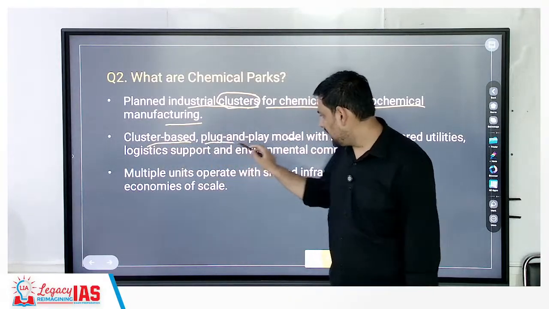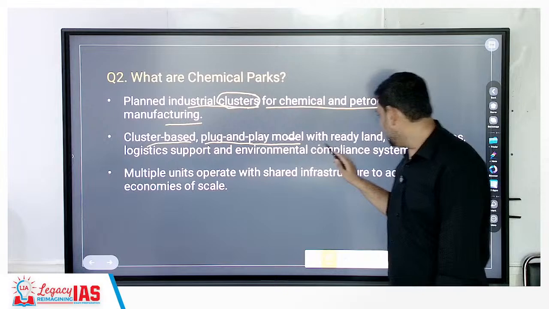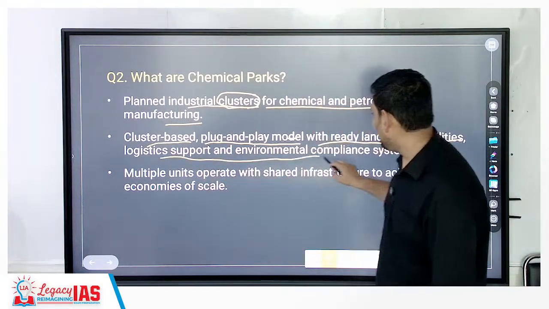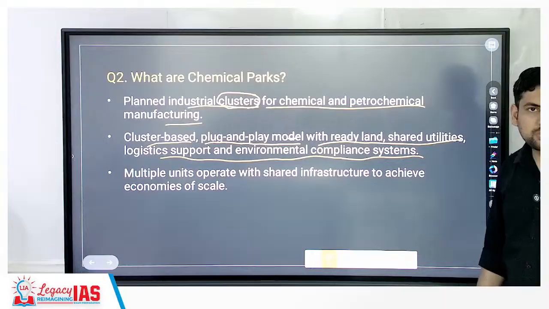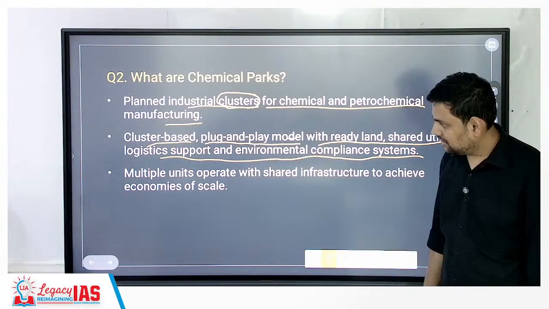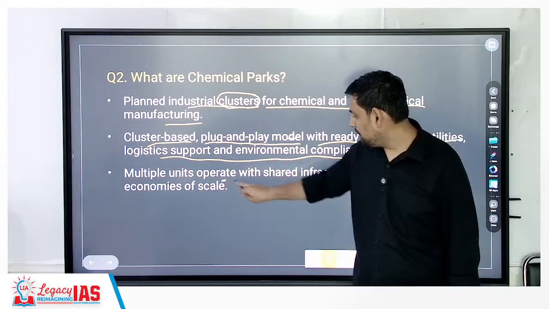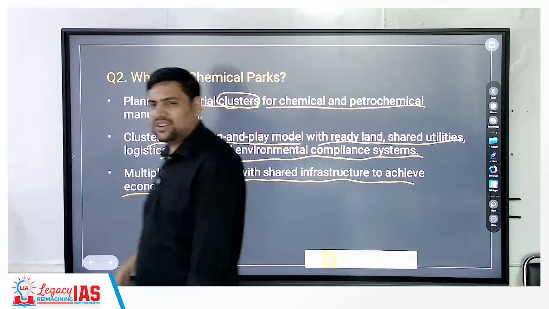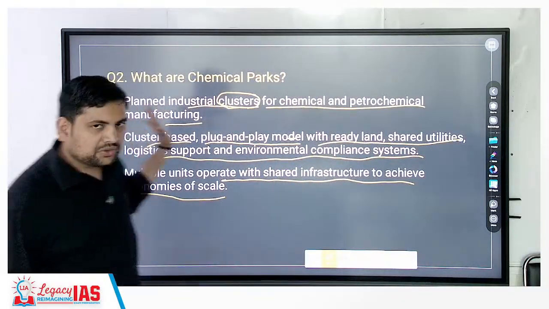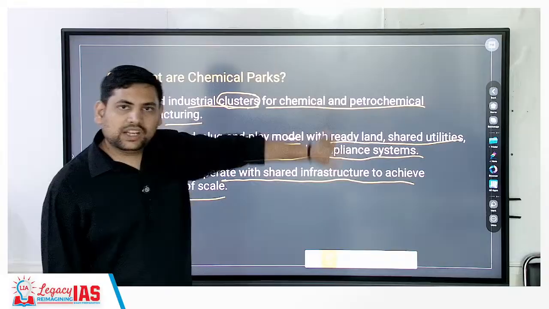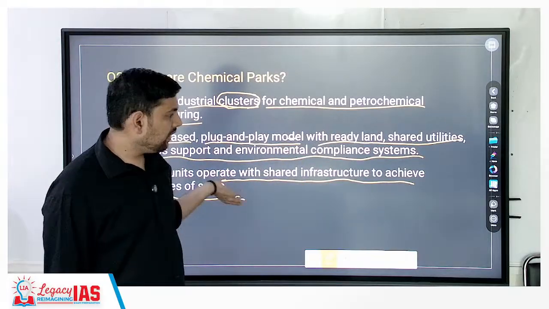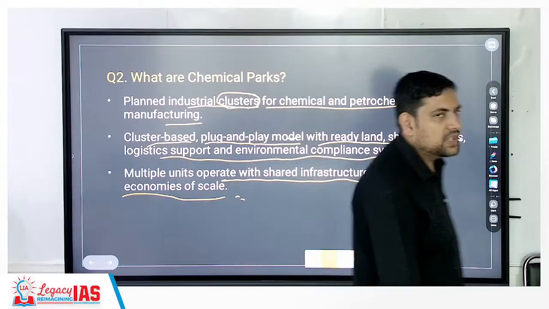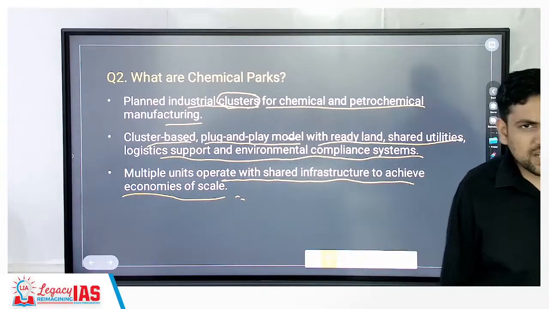Then the plug and play model, already explained, with ready land, shared utilities, logistic support, and environmental compliance systems. So everything is already in place. Now, multiple units operate within shared infrastructure to achieve economies of scale. Already mentioned, if all these units are doing the same thing, then it is much easier to manage. Also, you will achieve economies of scale, that is, you can produce anything at a lower cost. Understood?